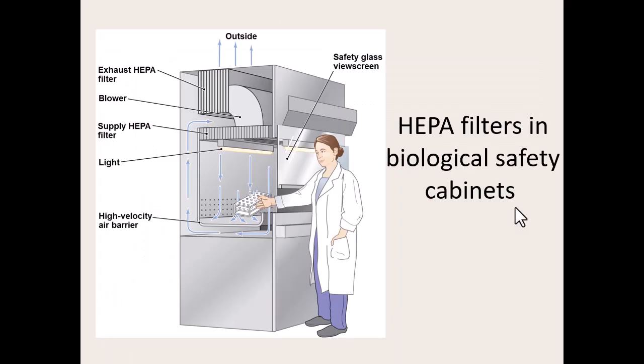Another way we can filter is not just filter fluids, we can filter air. We do have really fancy things called HEPA filters that we have up in the hoods that we work with upstairs when we're working with microbes, and obviously we don't want to be breathing in anything, so we can get the microbes going up and filtered through. You can buy HEPA filters for your homes now that will trap microscopic organisms, little types of microbes.